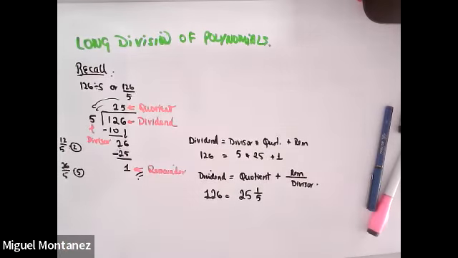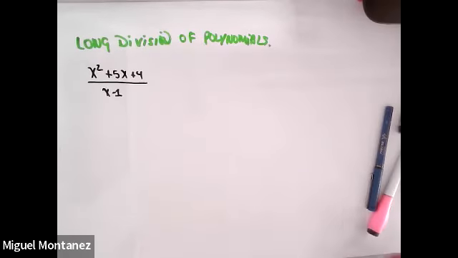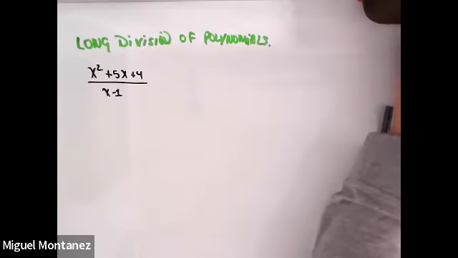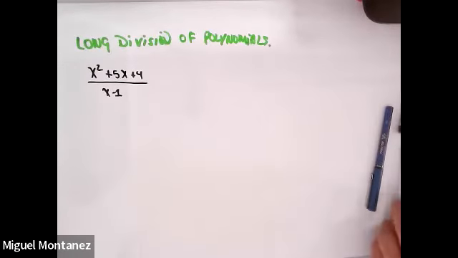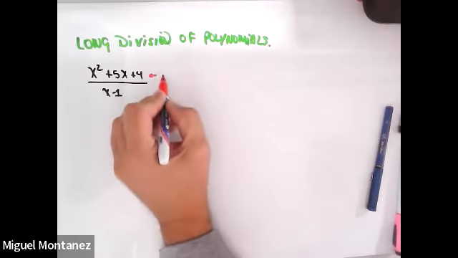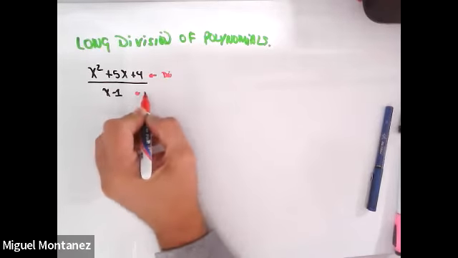So what happens when we're doing long division of polynomials? Let's see. Let's say that we're interested in performing the following long division: x squared plus 5x plus 4 divided by x minus 1. Notice this will be the dividend, and this will be the divisor.